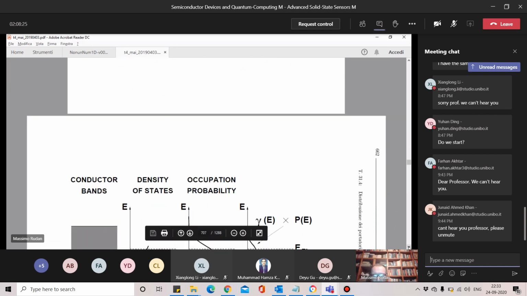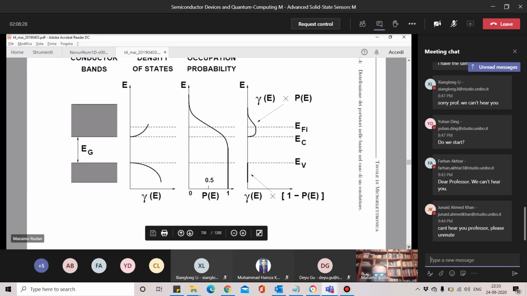But you see immediately that P here is already equal to the limiting value 1 when we enter the valence band. So 1 minus P is 0. 0 times gamma gives you a 0, and the integral is 0. That means we do not have any hole in the valence band in this case.